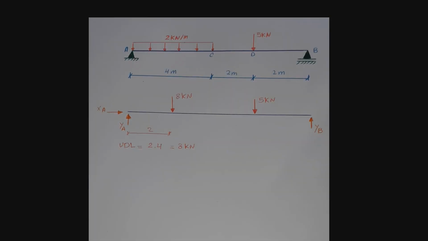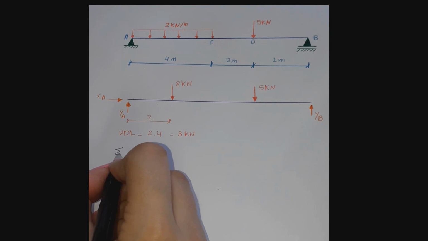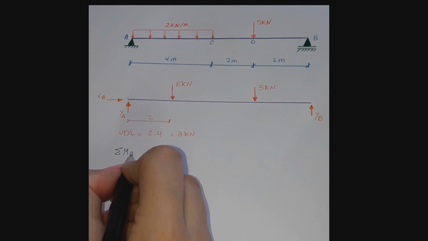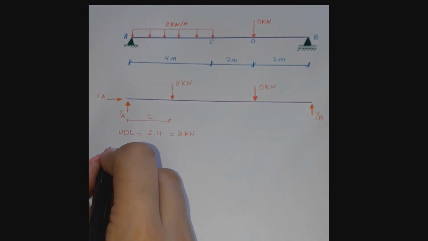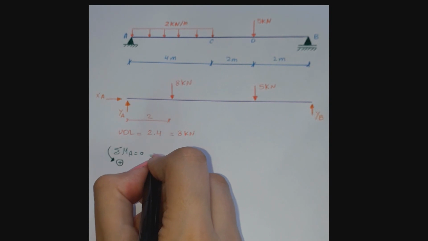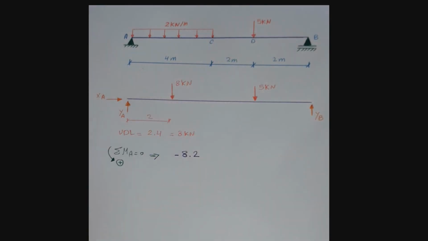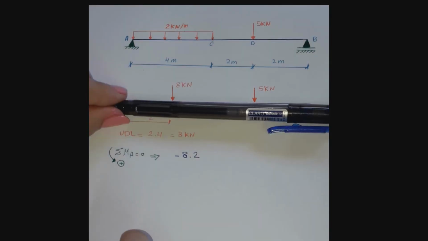I'll start by calculating the support reactions. We should use the static equilibrium equations. I'll start with the sum of the moments about point A equals 0, assuming that the positive moment is counterclockwise. So we have minus 8 multiplied by 2, which is this converted distributed load.